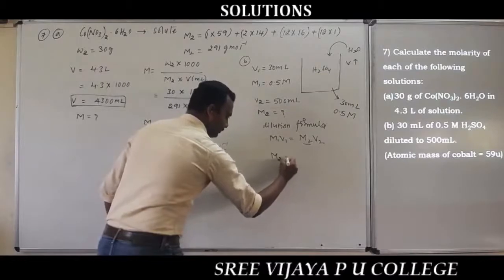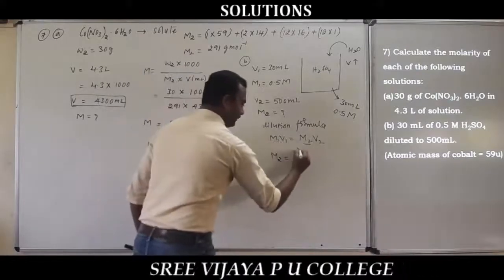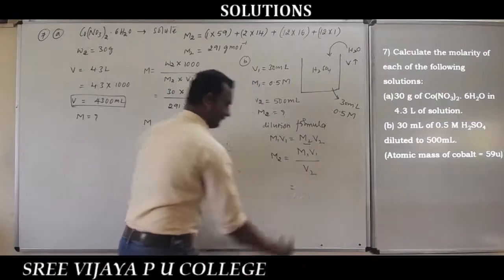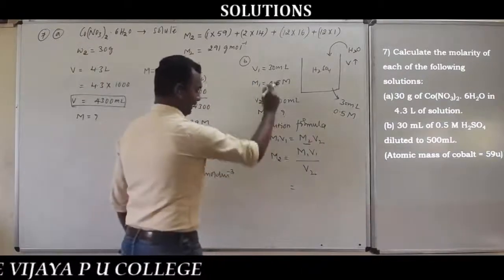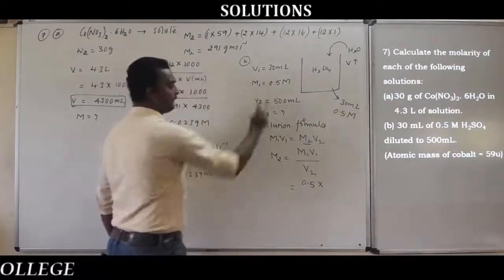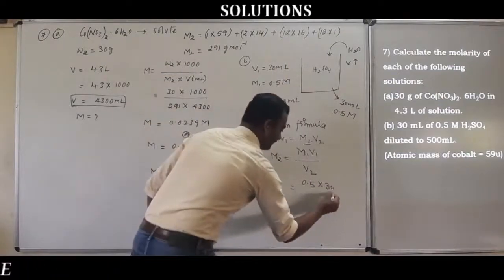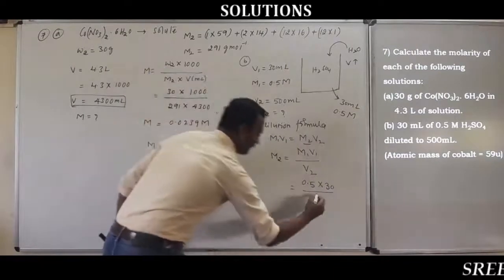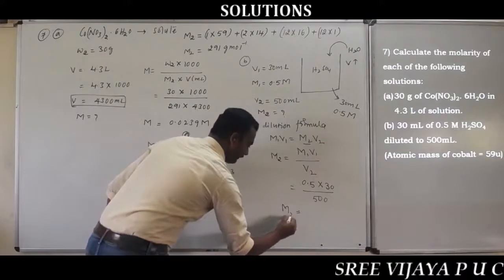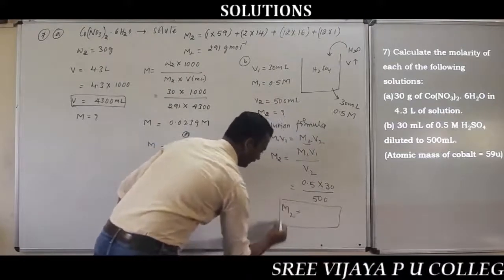That is M2 is equal to M1V1 divided by total V2, that is the volume of solution. What is the value of M1? That is 0.5 into volume V1 that is 30 ml, whole divided by the total volume of solution, 500. That is the final molarity you have to calculate.